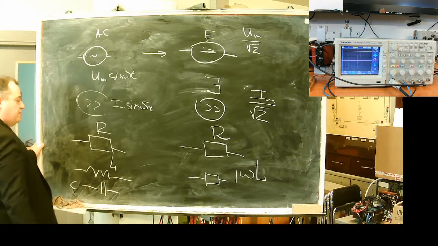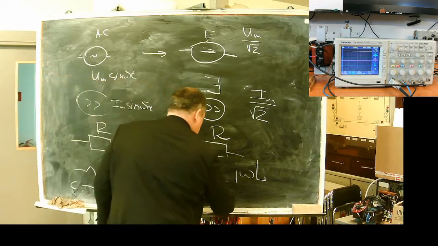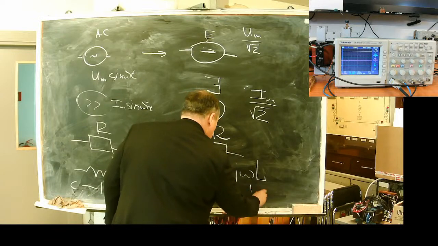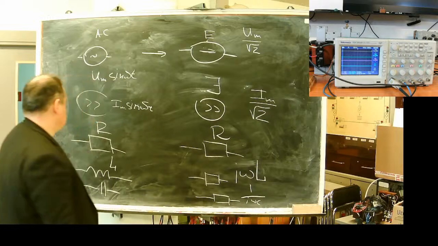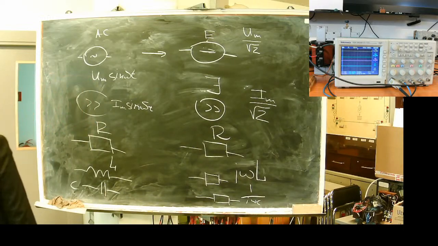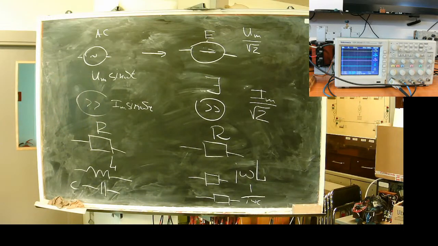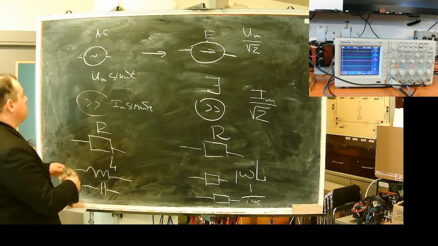Capacitance of C farads, put in an impedance 1 against jωC. Easy.